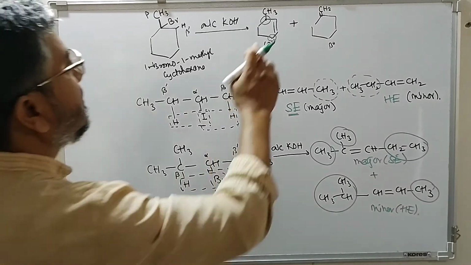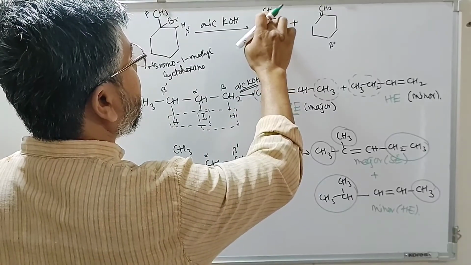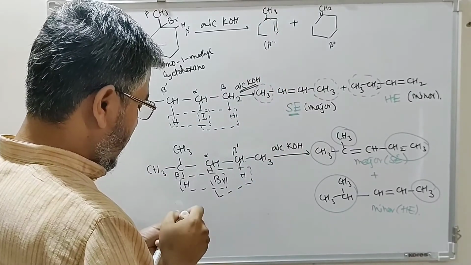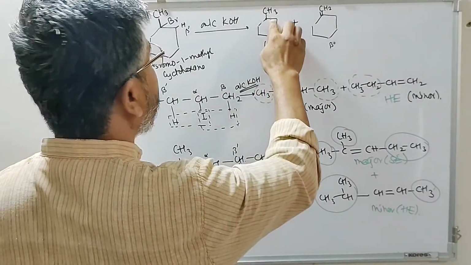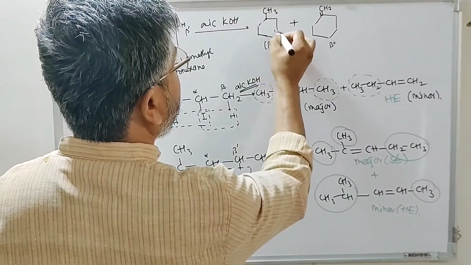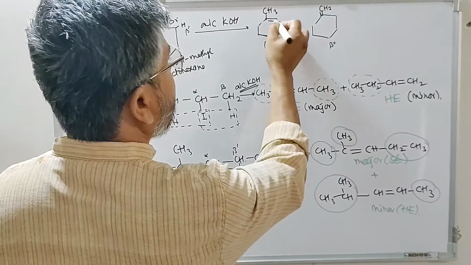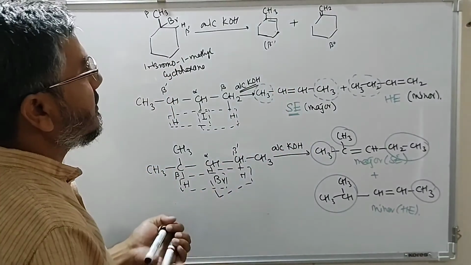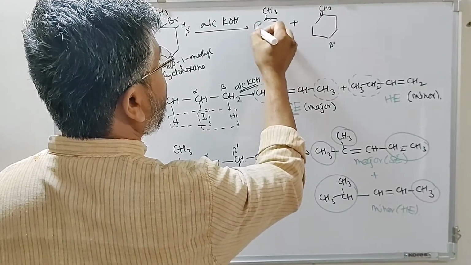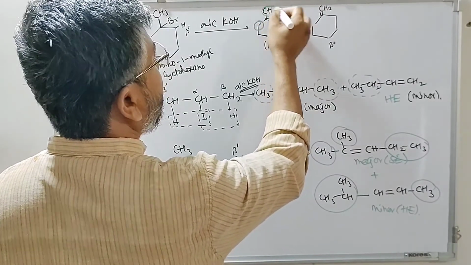Sorry, the double bond position is different here. The double bond should have been shared. This is the double bond. So look at this. This is an alkyl group, this is a second alkyl group, this is a third alkyl group.